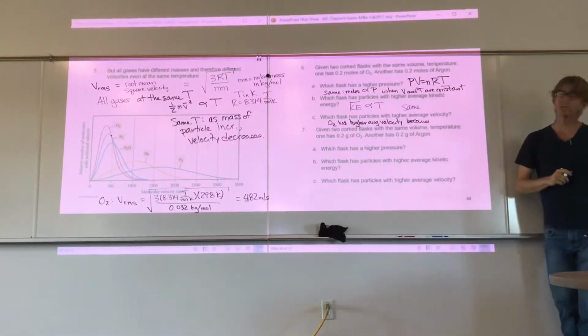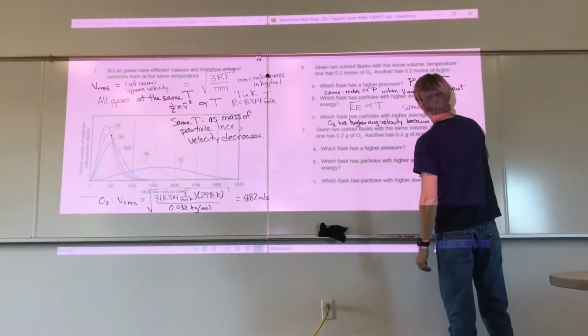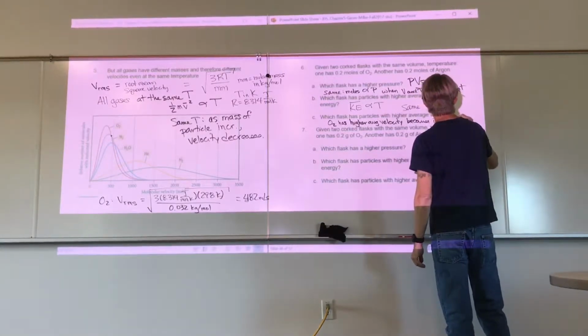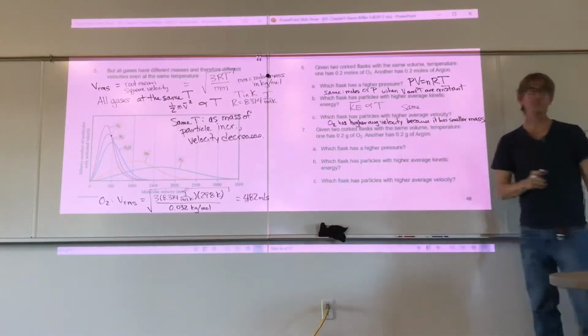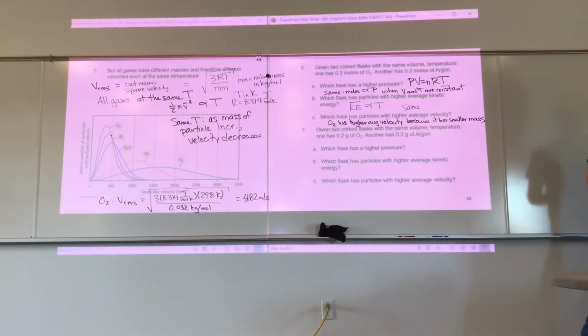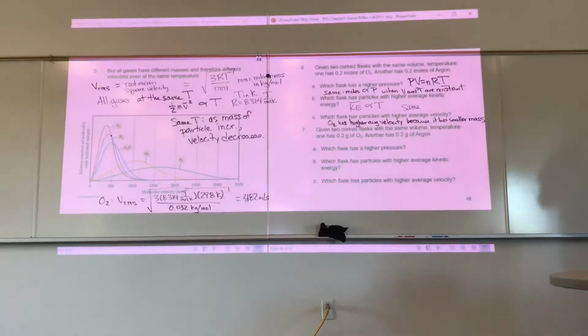Oxygen has higher average velocity because it has smaller mass. And on your homework, if I ask you what is the answer, and then I say why, the why can be a sentence, or it can involve an equation as well, something that tells me that you've related it to the properties.